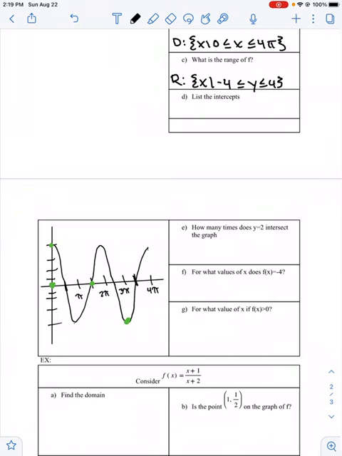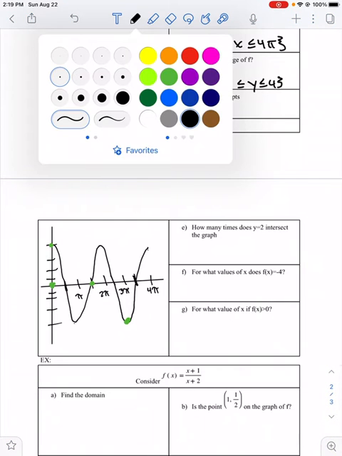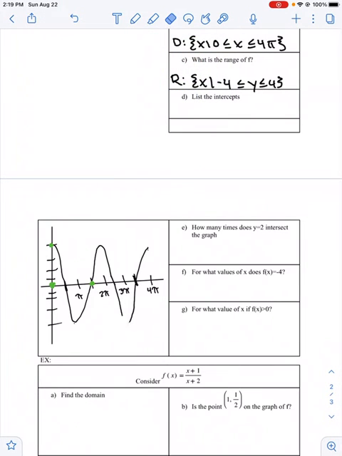Next, we're going to list our intercepts. I'm going to go mark those as green for us. And that one up there. So our intercepts, we have the y-intercept of 0, 4. Then we have the x-intercepts. We have a few.